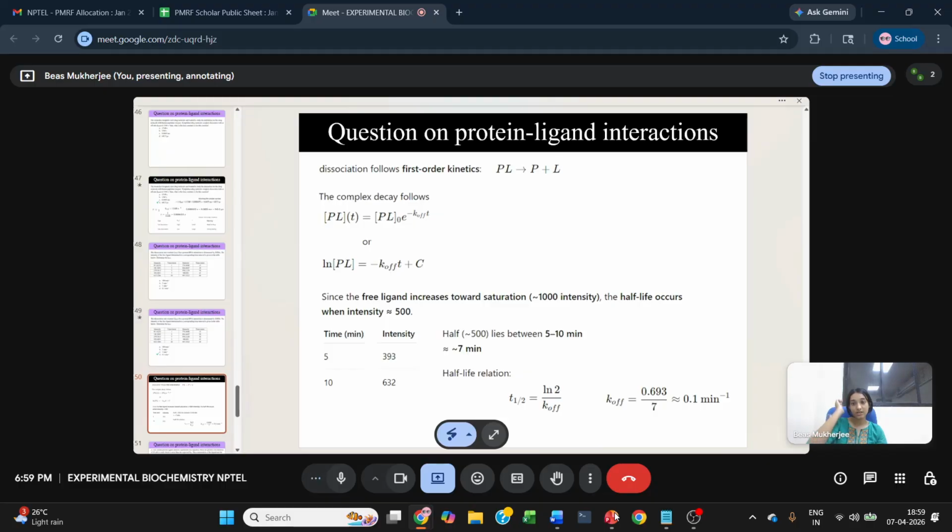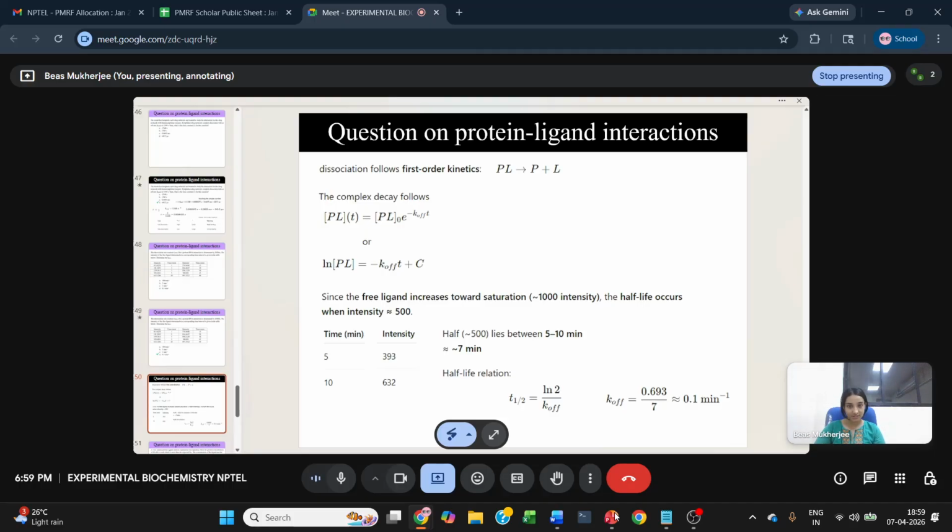C is the constant. Since free ligand increases towards the saturation, that is 1000 intensity, half-life occurs when the intensity is 500. So at time 5 and 10, you see that the intensity is 393 and 632. So half, that is nearly 500, lies between 5 and 10 minutes.